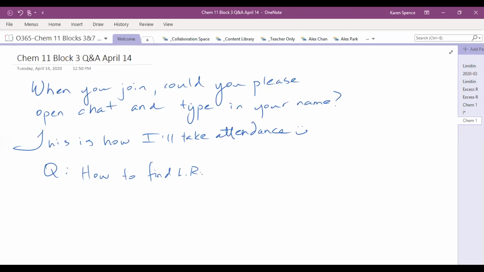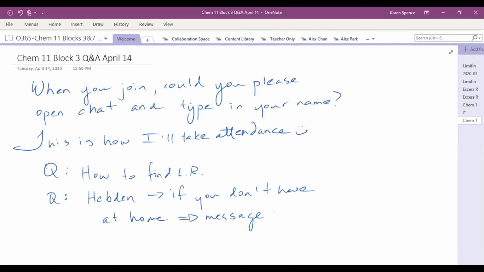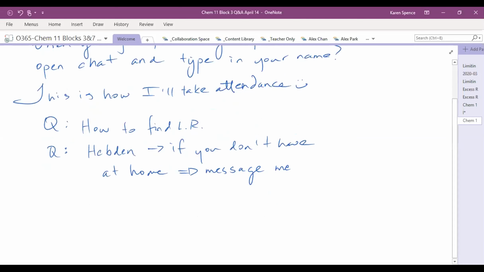What about our textbooks? Yes, your textbooks, I don't know what we're going to do about returning them at the end of the year. But I will be assigning some reading out of Hebden, so if you don't have it at home, you are going to message me and I can send you an access code that will give you a PDF of Hebden.